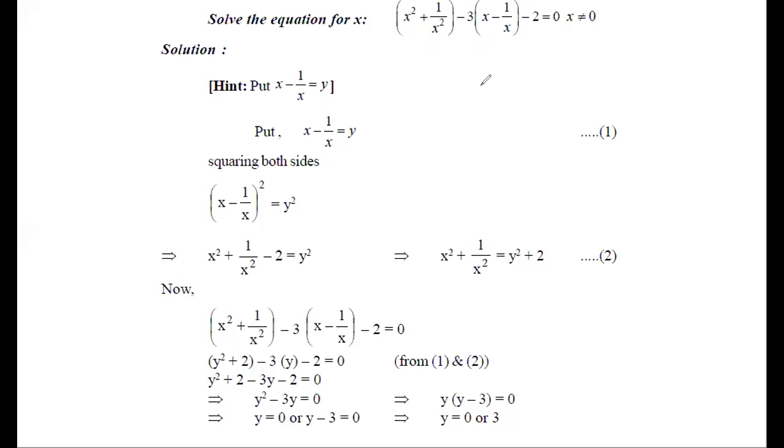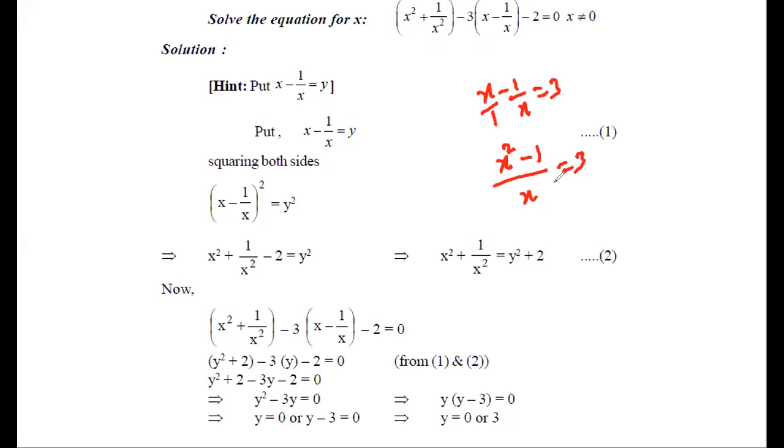Now, if x minus 1 by x is equal to 3, then again cross multiply this first, take the LCM, we will get what? X square minus 1 by x is equal to 3. Yes or no? By taking the LCM, this is what we get, step by step. I'm giving time to grasp.